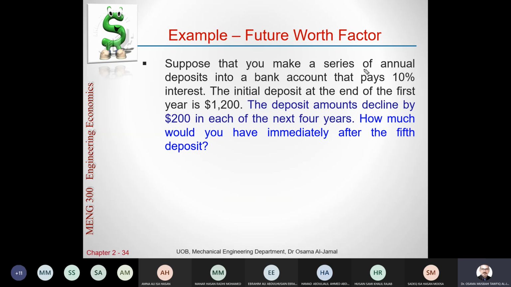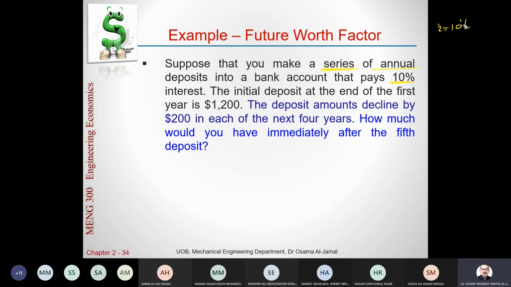Suppose that you make a series of annual deposits. Someone will directly say, okay, what we have here is an annuity. Let's continue reading. Into a bank account that pays 10% interest. So what we have here is i equal to 10%. The initial deposit at the end of the first year was $1,200.